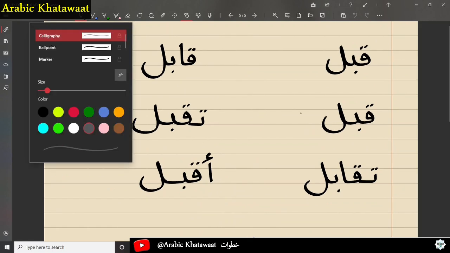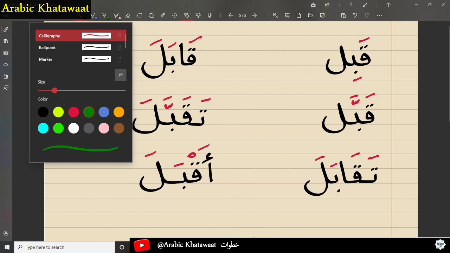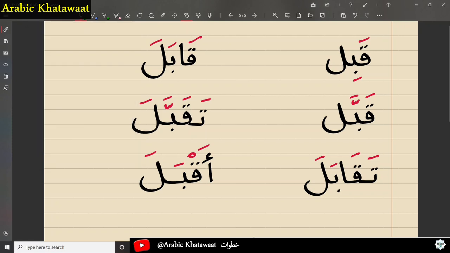So these verbs: قبل, تقابل, أقبل, قابل, تقبل. What we're doing is keeping the exact same root, and then putting the short vowels.